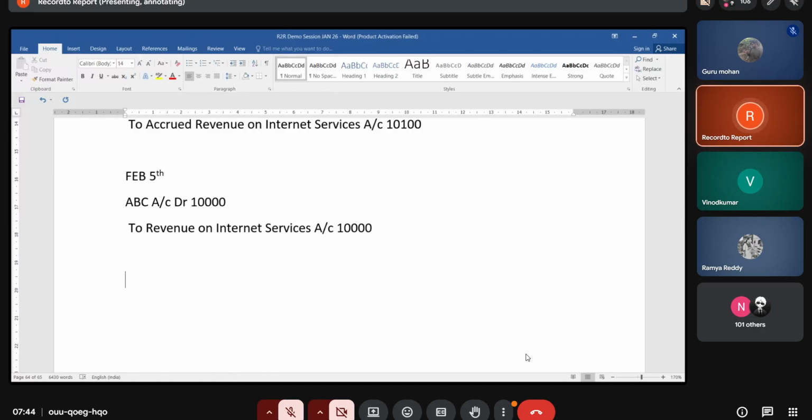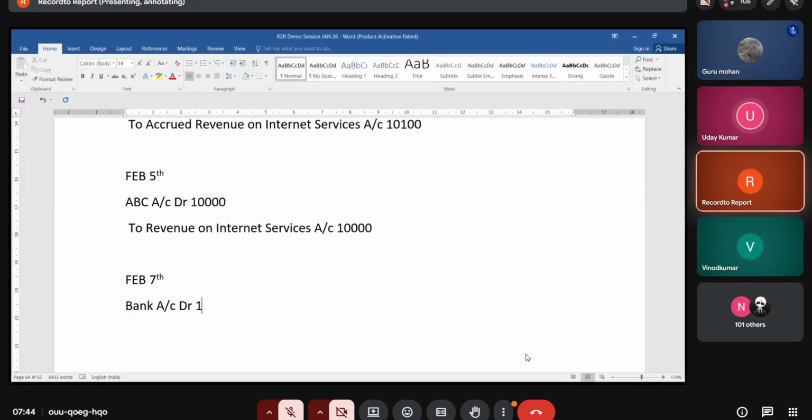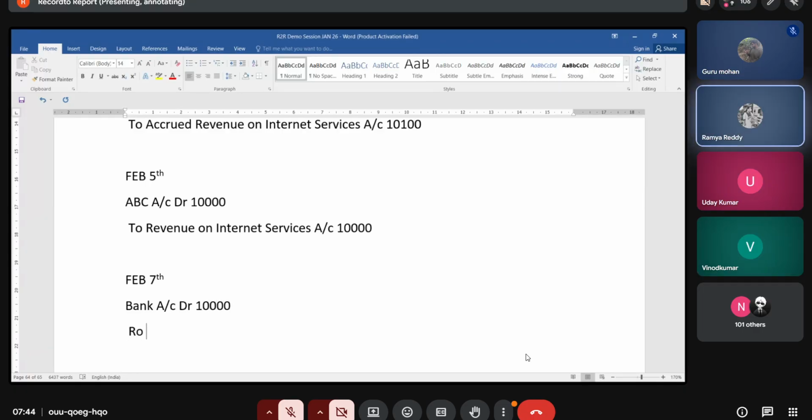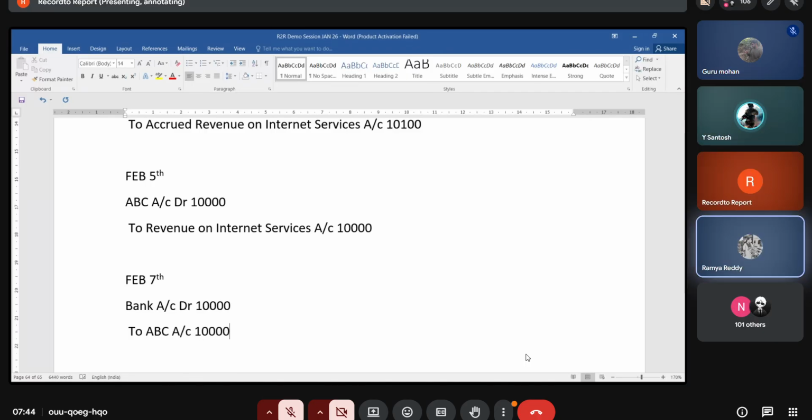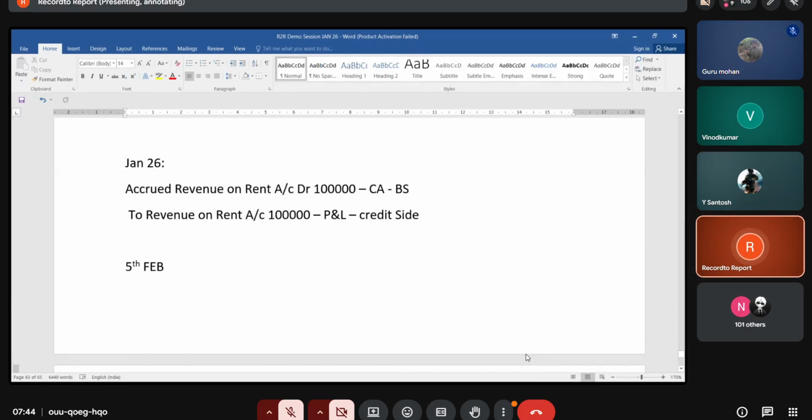Okay. So when is the bill received from the customer, when is the bill paid by the customer? Correct, the 7th. Bank account debit to ABC company account. Okay. Yes, understand. Clear, guys? Yes. About reversible and non-reversible.